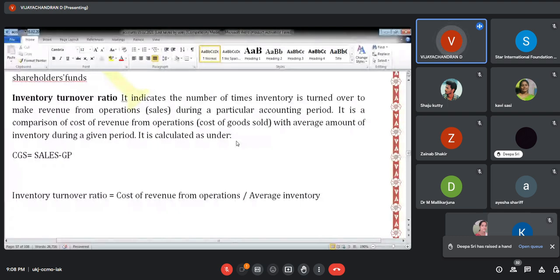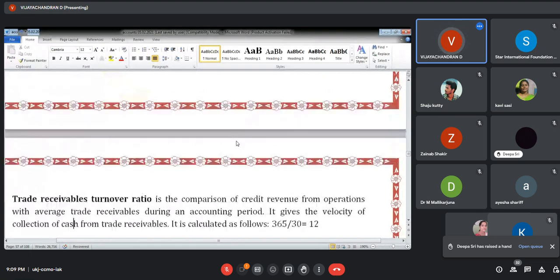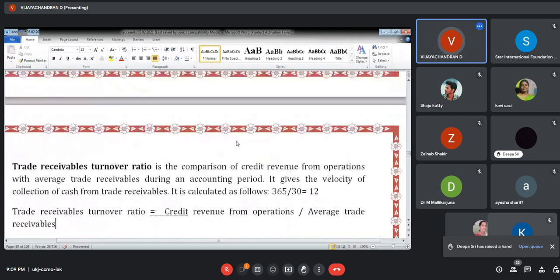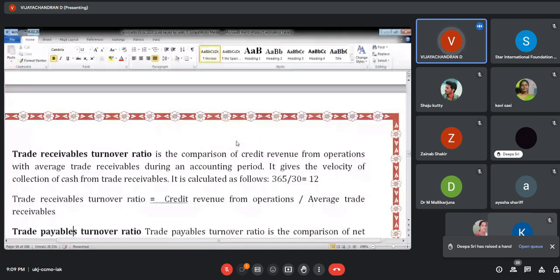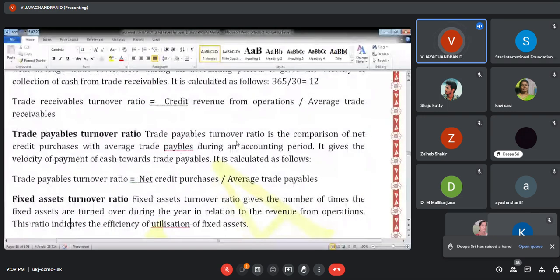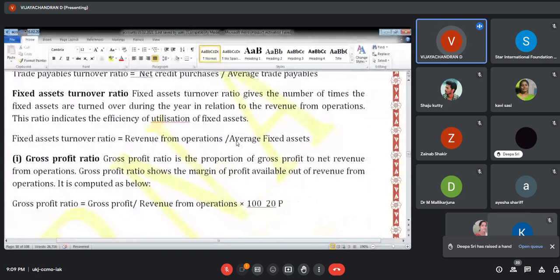You have to compare only with the cost of goods sold. But in the case of fixed assets turnover ratio, yes, you can take sales, not cost of goods sold. Fixed assets turnover ratio is sales divided by fixed assets.